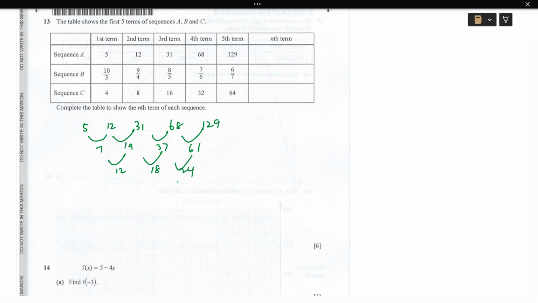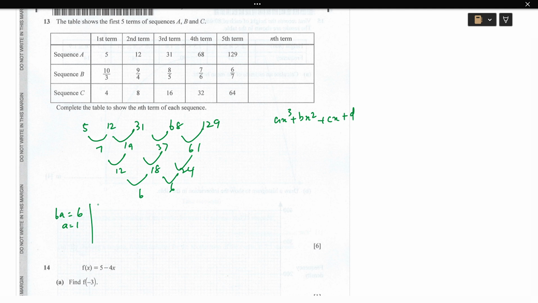The third difference is 6 and 6. So this is a cubic sequence, whose standard form is ax cubed plus bx squared plus cx plus d. For the last one, we write 6a equals 6, so a equals 1.